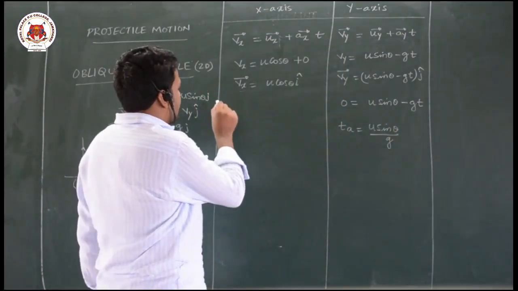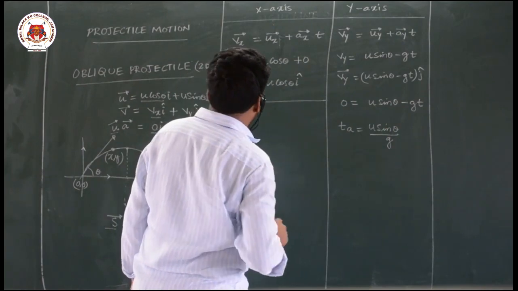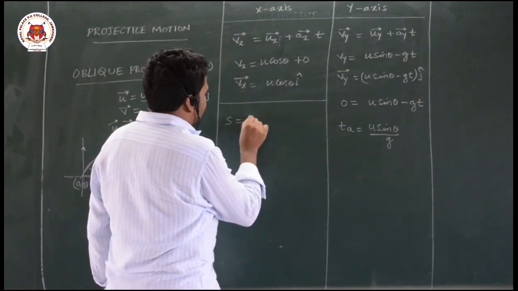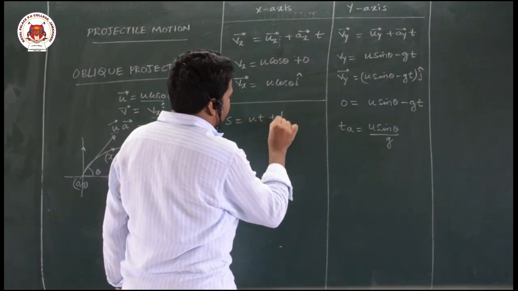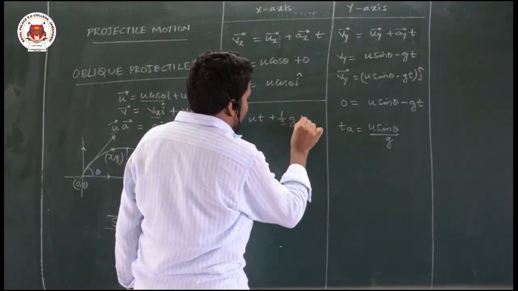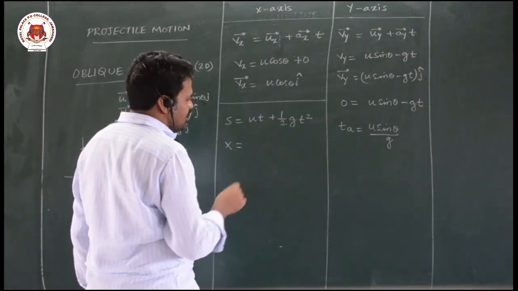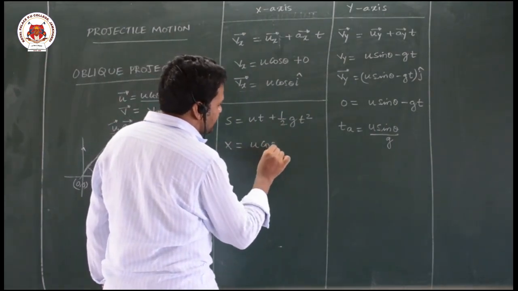Next you can apply next equation, s is equal to ut plus half at square. Now I will write directly because you already know. Then this s I am writing as x along x axis, u cos theta into t.